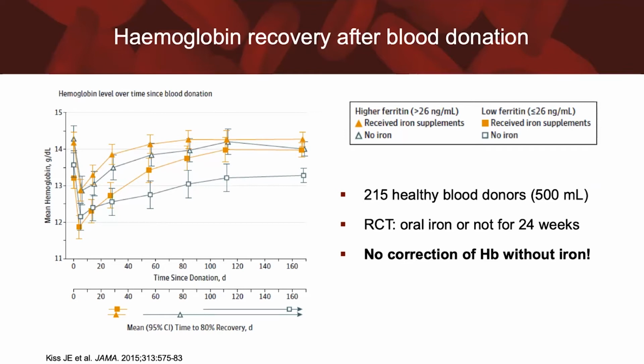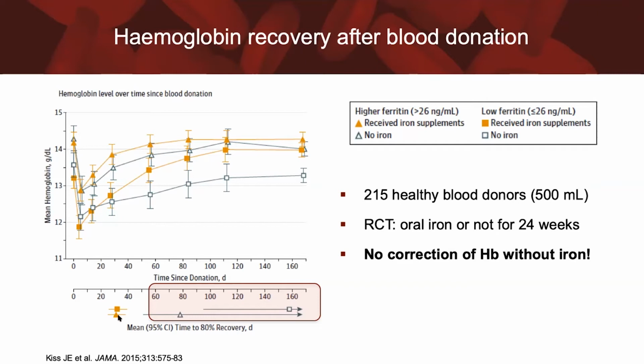If you look at this study on healthy blood donors who gave only 500 milliliters of blood, which represents moderate bleeding in surgery patients, it takes between 80 and 116 days for the patients to recover their initial hemoglobin levels.